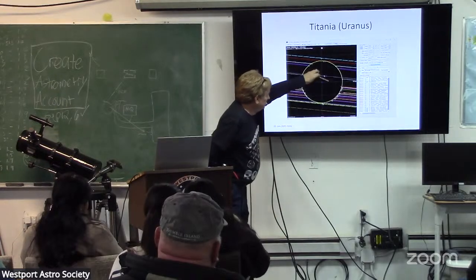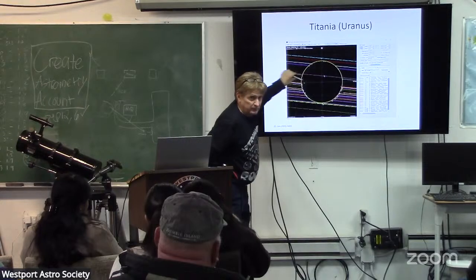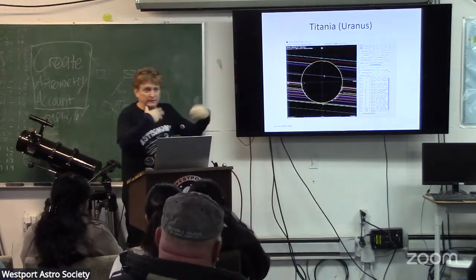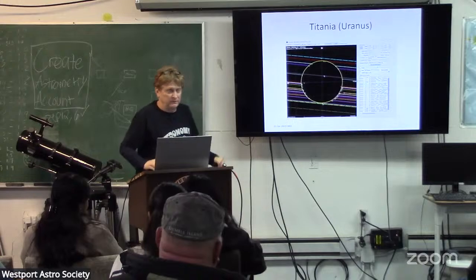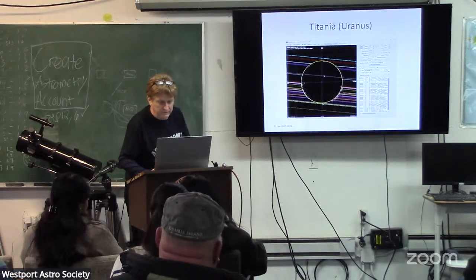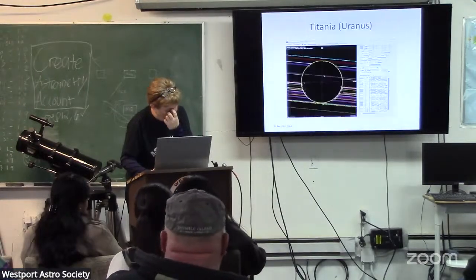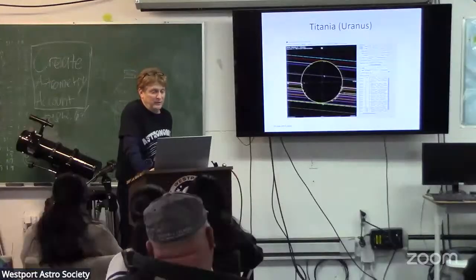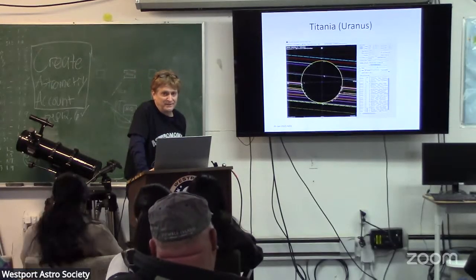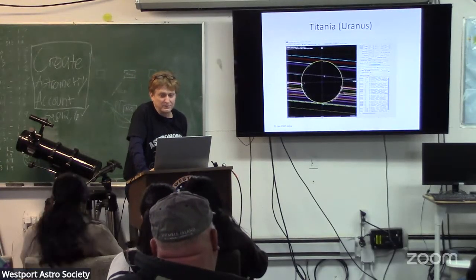So the moon was off by probably 100 kilometers or so. That's the kind of improvement that you can get of the solar system bodies. Certainly important if you're trying to send a spaceship there and you don't want to go splat off the moon. So JPL is very interested in all of these observations.